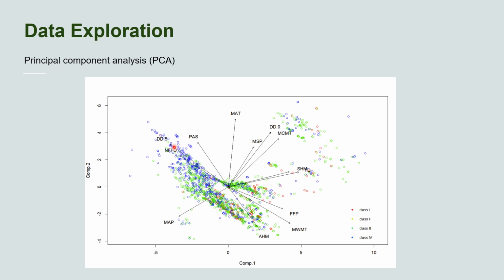So these climate variables are positively correlated with the cluster 4, and these climate variables are negatively correlated with the cluster 4.